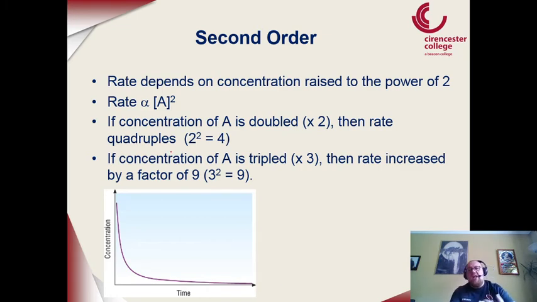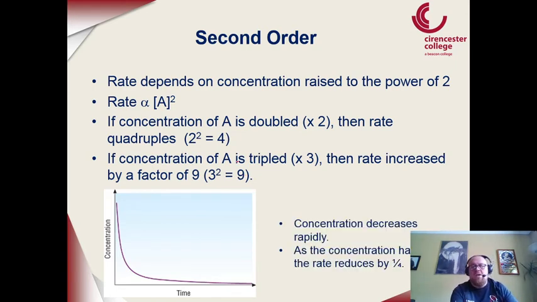So if I doubled the concentration of something that's second order, it would mean that the rate quadruples. If I times it by 3, the rate times by 9, because it's this squared relationship.